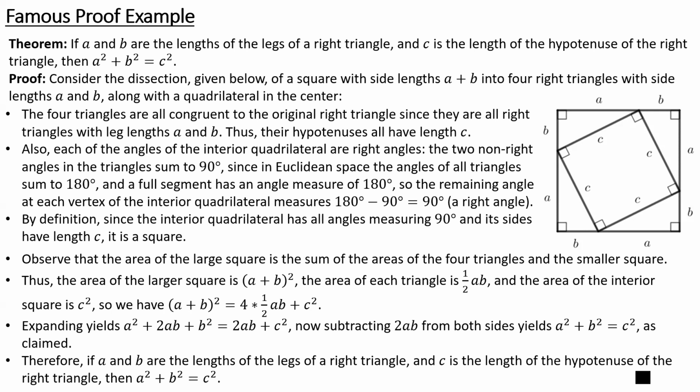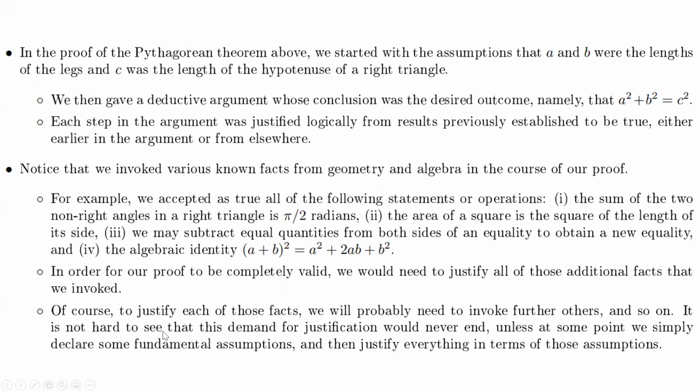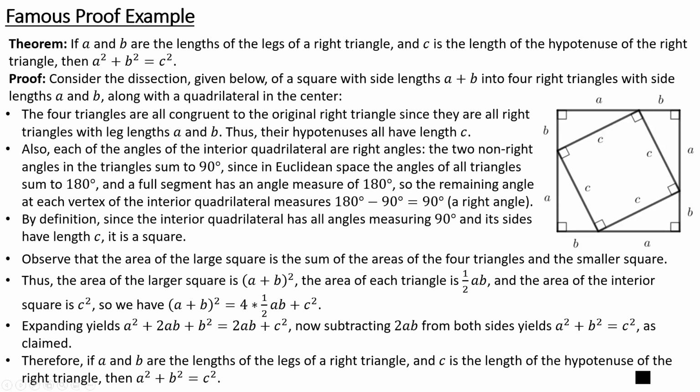That we can subtract equal quantities from both sides. This idea here, this point here, of 2AB, wait, can I do this? Let me do this. So this piece where I said, well, we have this, and we have this.